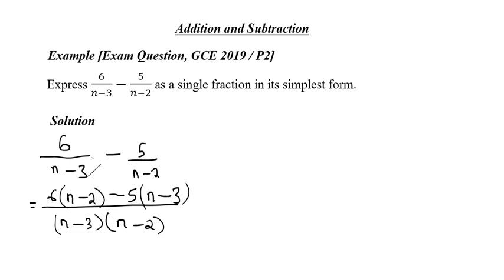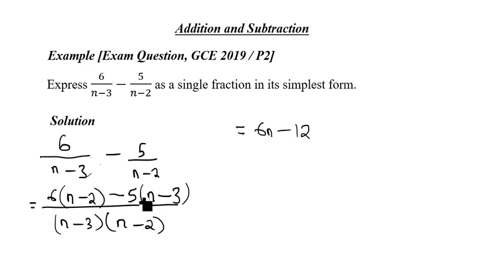So now that we have managed to multiply, we can now multiply so that we get rid of those brackets. So we are going to have, so 6 times n, it will just be 6n, minus 6 times negative 2, it will just be negative 12.